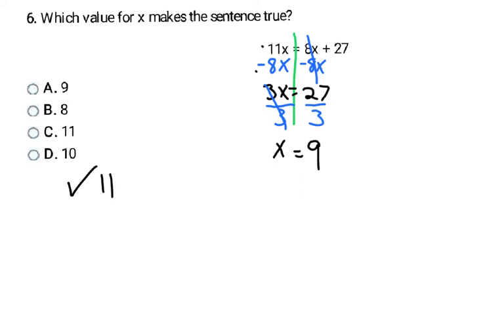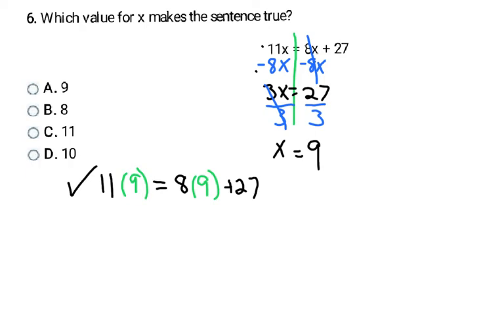So anywhere I see an x in this original equation, I'm going to replace that x with a 9. So I'm substituting that x for 9. And that's equal to 8x, but instead of writing an x, I'm going to write 9. And then plus 27. So I just took this answer of 9 and replaced every x in the original equation with 9. And now I'm just going to work the sides separately to see if they work out to be the same.